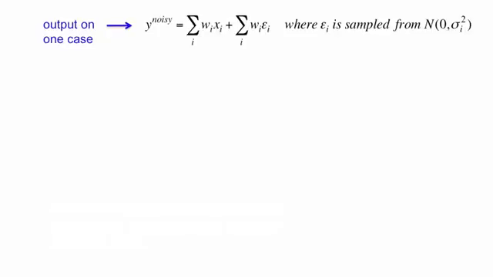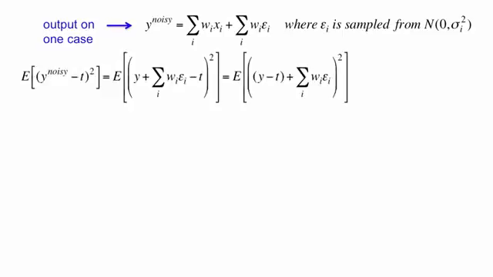For those of you who like math, I'm going to derive that on this slide. If you don't like math, you can just skip this slide. The output, y noisy, when we add noise to all of the inputs, is just what the output would have been with a noise-free system, the sum over all the inputs of wi xi, plus wi times the noise that we added to each input. And those noises are sampled from a Gaussian with zero mean and variance sigma i squared.